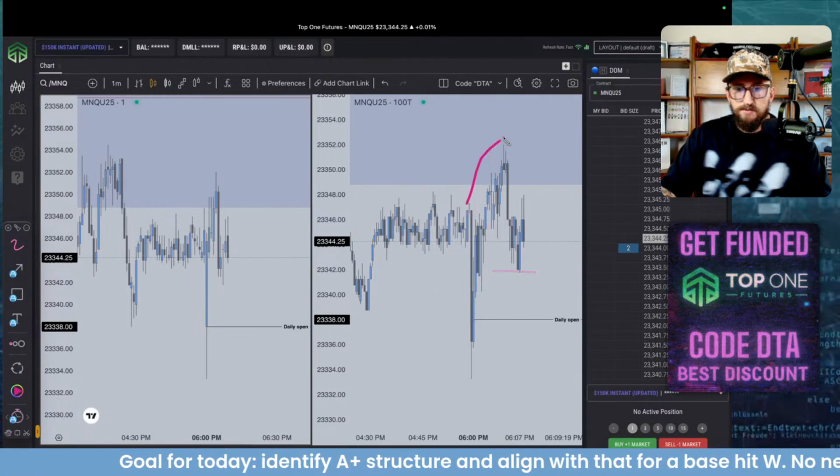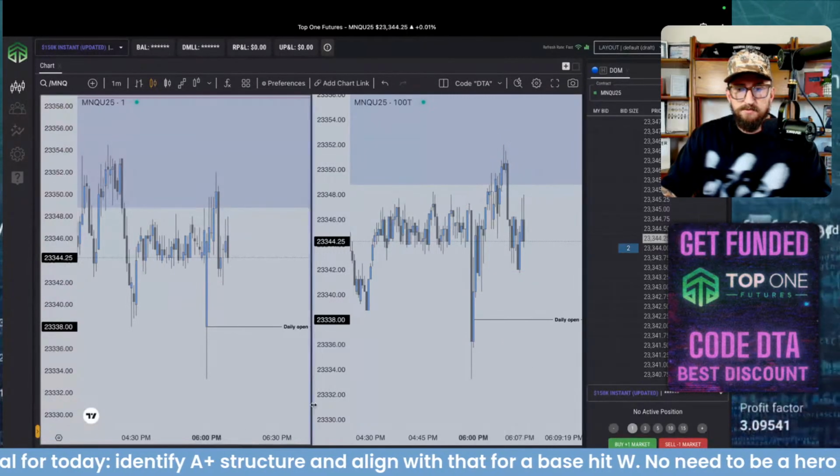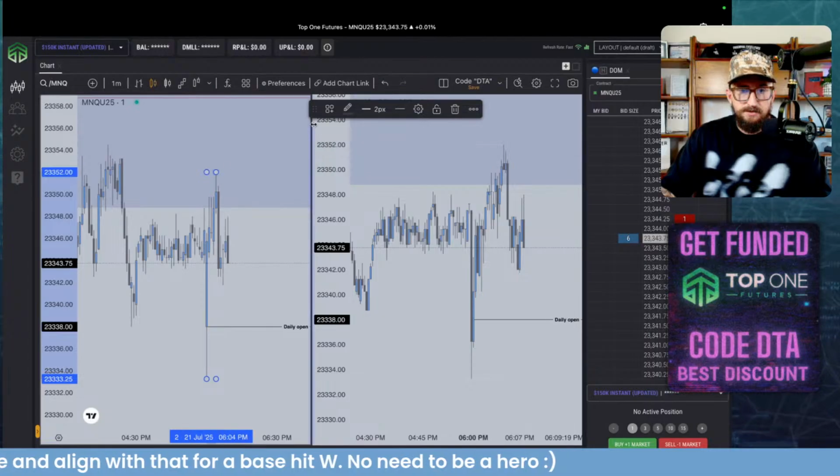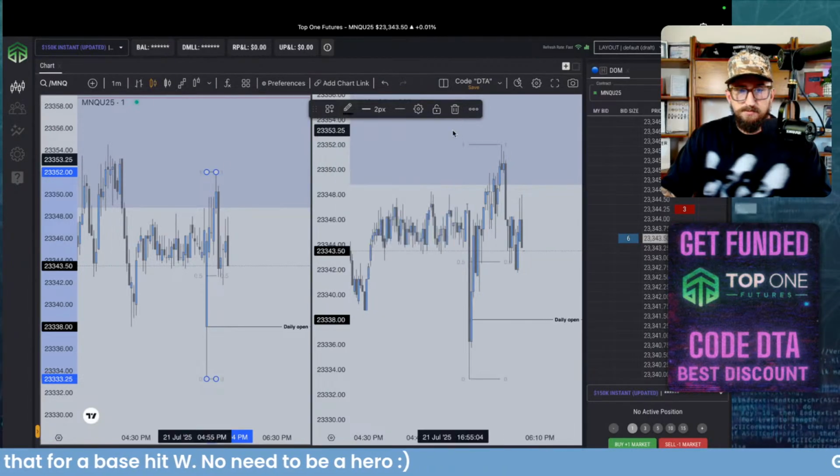So we do have this opening range right here that's kind of forming. Question is, what are we going to do with that? So you got basically this. I'll make this black.